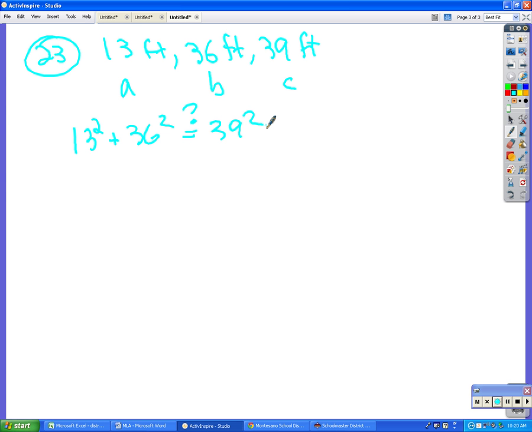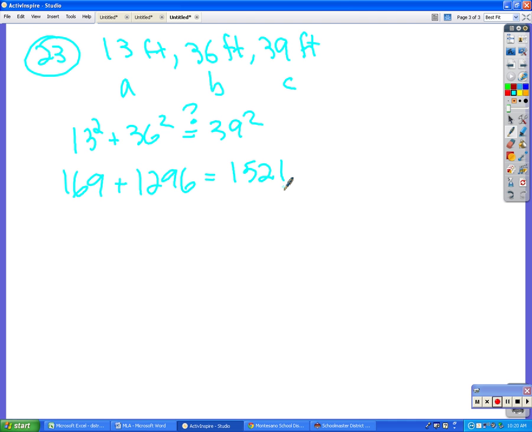So 13 squared is 169. 36 squared is 1,296. And 39 squared is 1,521.